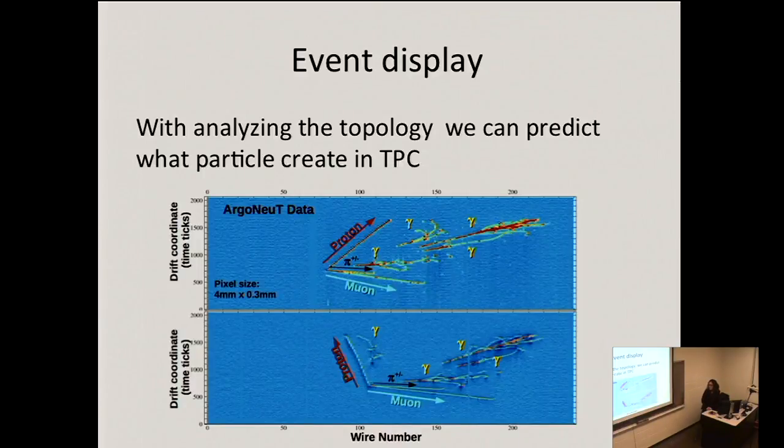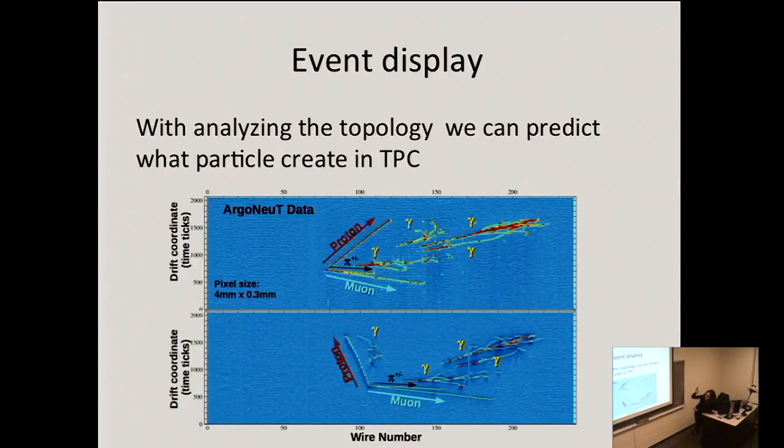This is the actual event display that ArgoNeuT sees in the online observation. The top one is the induction plane and the bottom one is the collection plane.